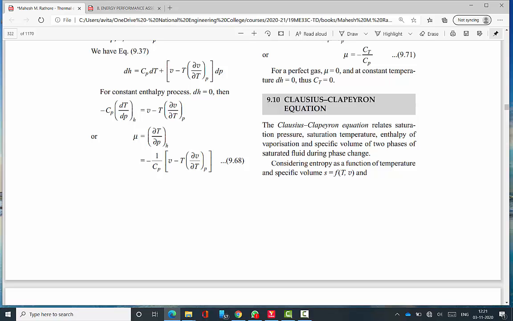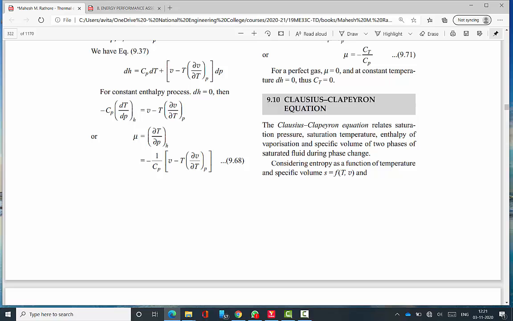But one difference: initially we have 1 liter of water. When the phase change starts, it is 90% water and 10% steam, and as time goes on, 50% steam and 50% water, and at the end of the process 100% steam, which means all the liquid droplets are converted into steam.